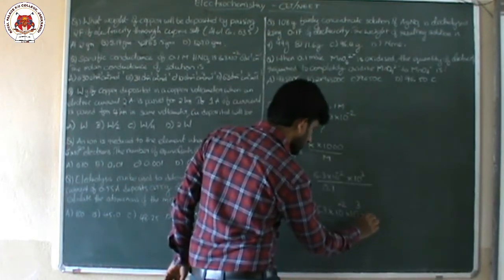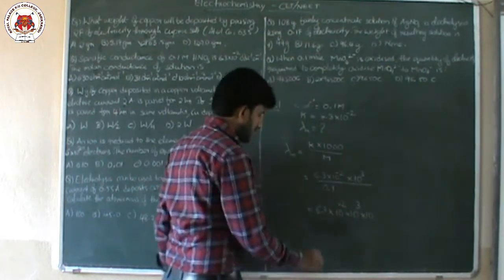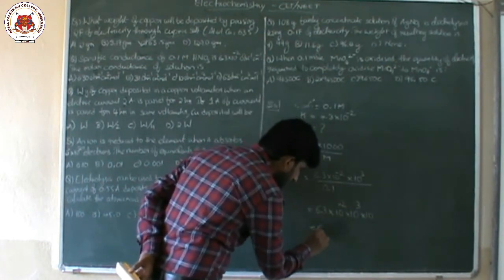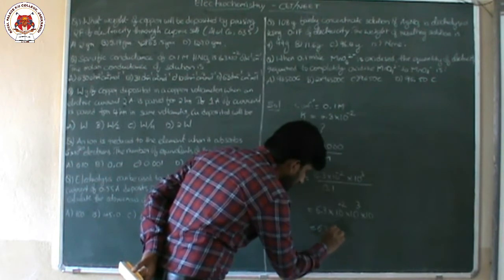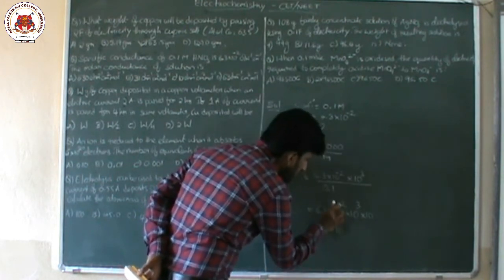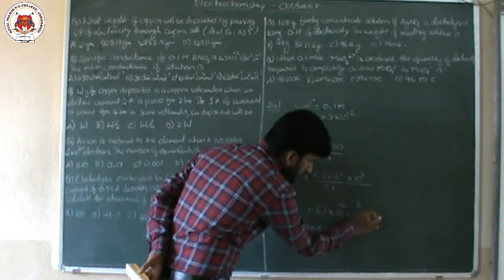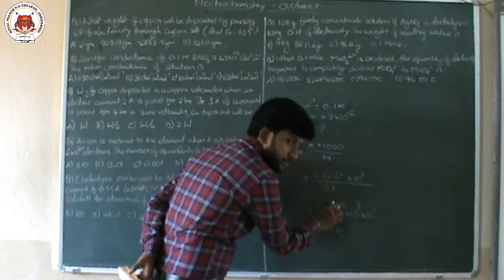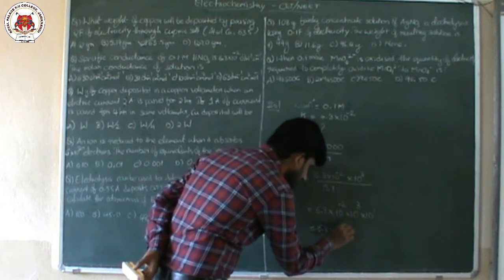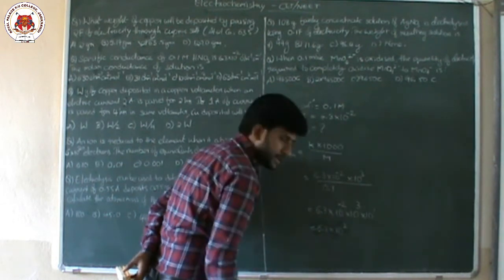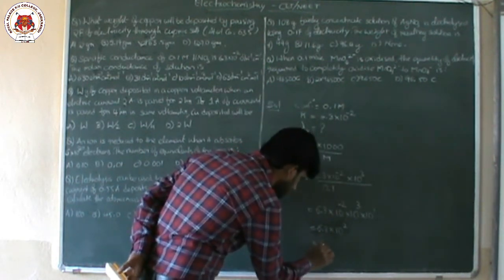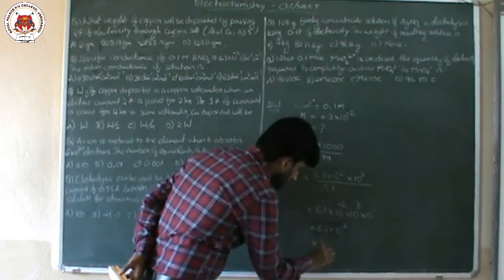Now this will be 6.3 into 10 raised to 3, 10 power 1, 10 power 4, 10 power 4 minus 2 means 10 power 2. So the answer must be 6.3 into 100.